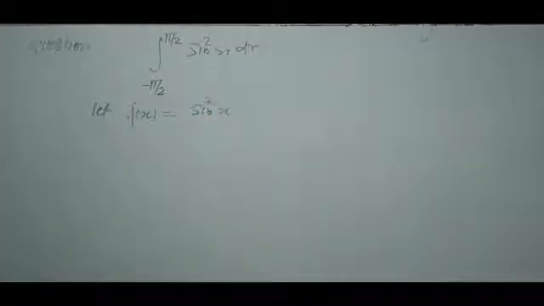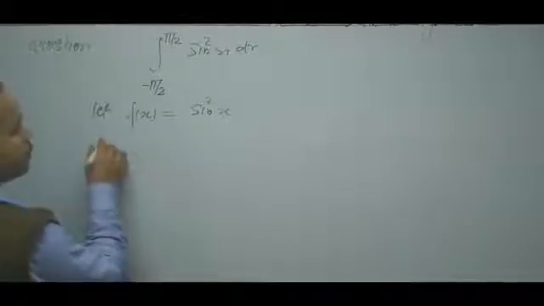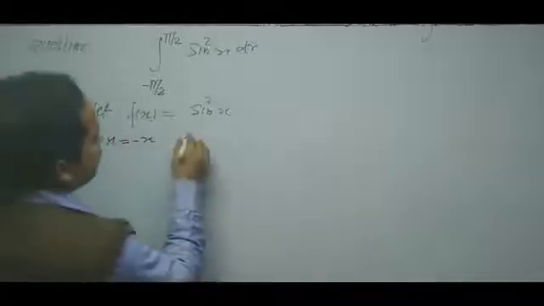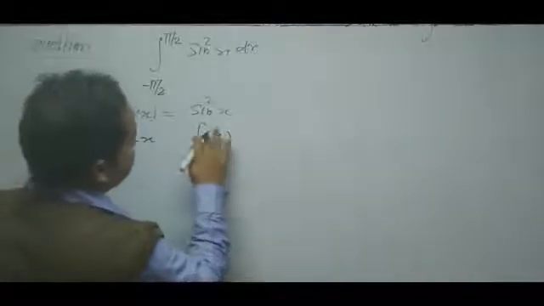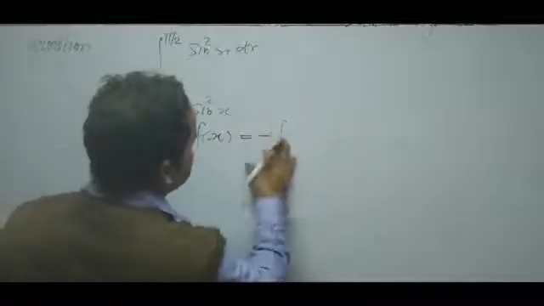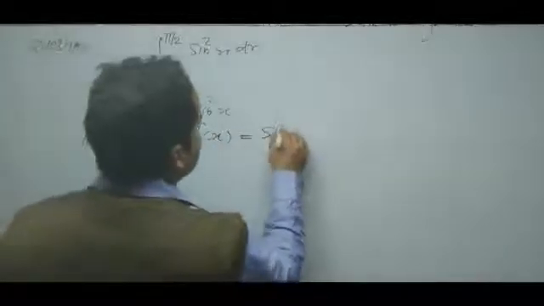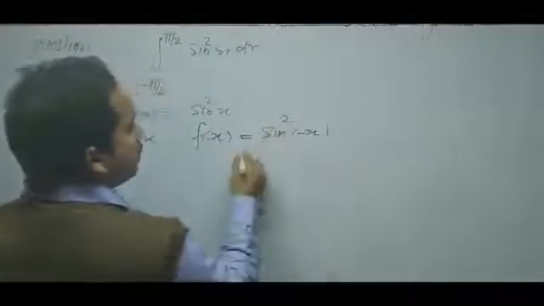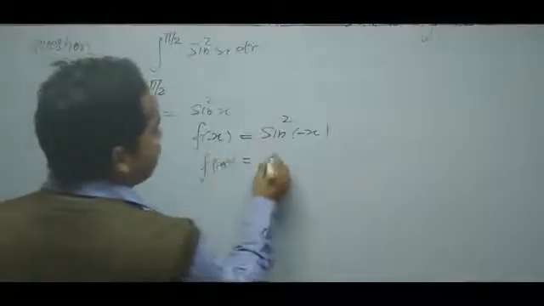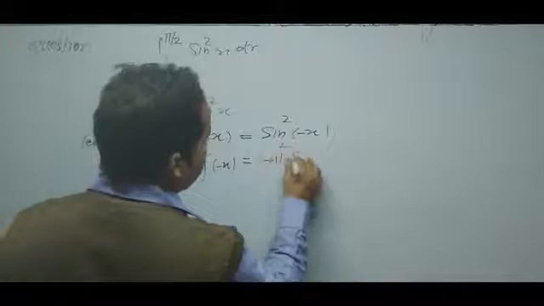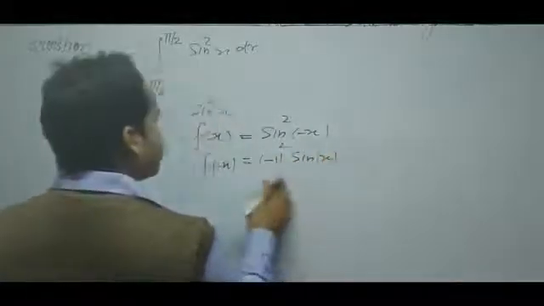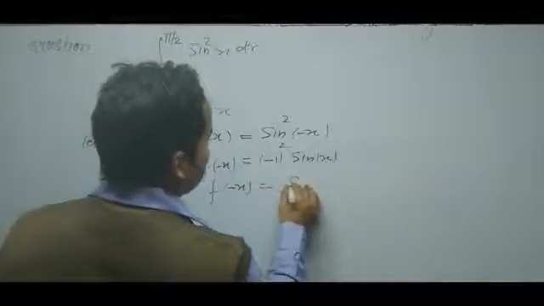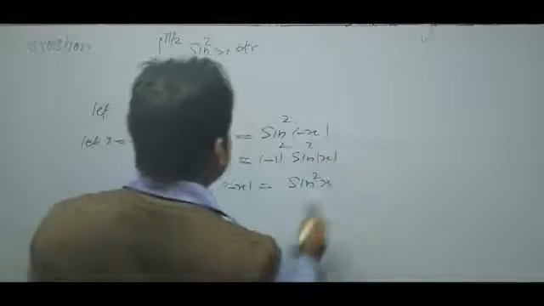Then f of minus x we can write as sine square of minus x. Sine of minus theta is minus sine theta. So f of minus x is (minus 1) to the power 2 sine square x, and this we can write as sine square x.